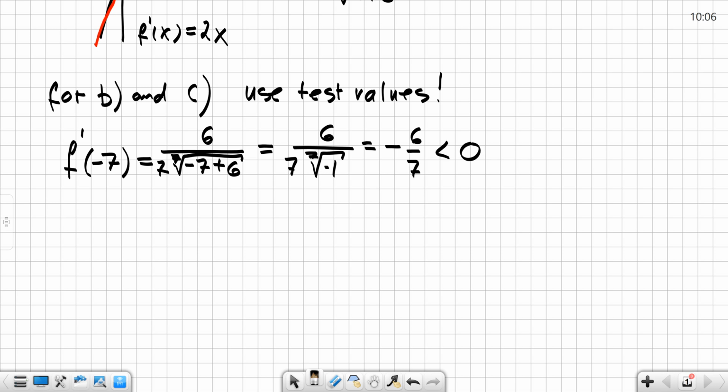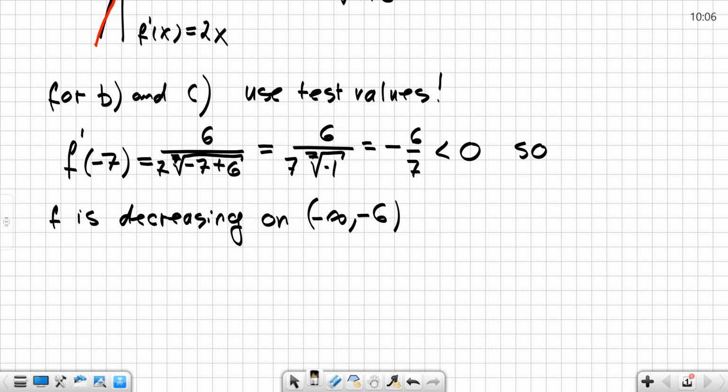This value is less than 0, which is all that we needed. So f is decreasing on the interval from -infinity all the way up to -6, because we picked a value out of this interval and plugged it into the first derivative.